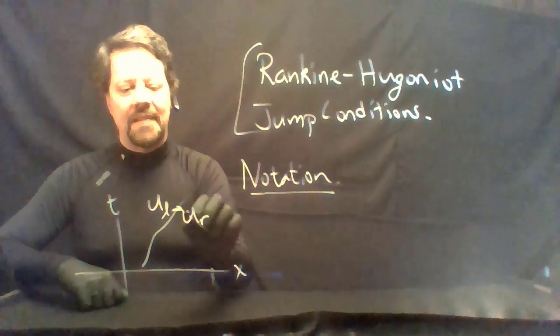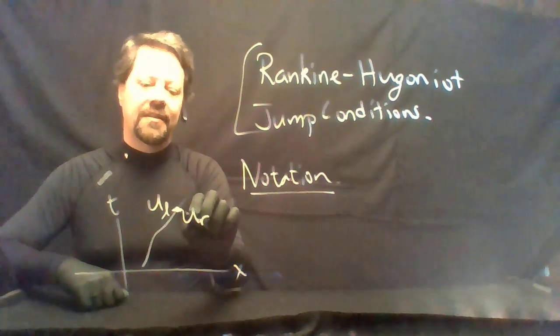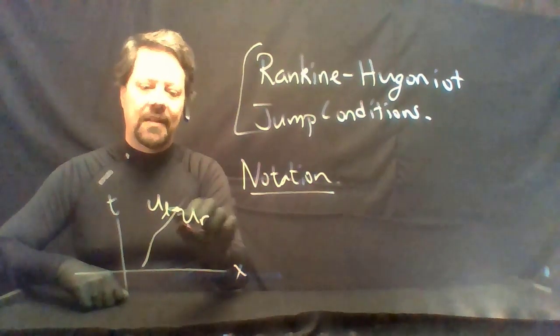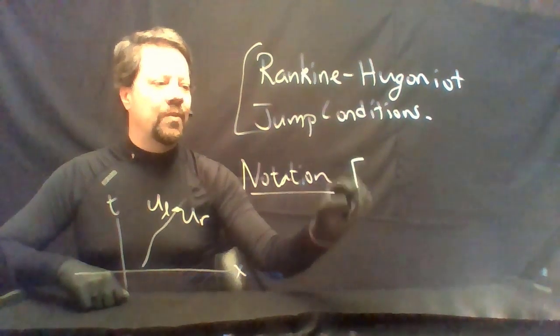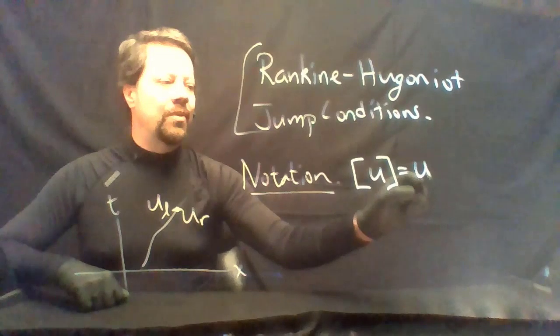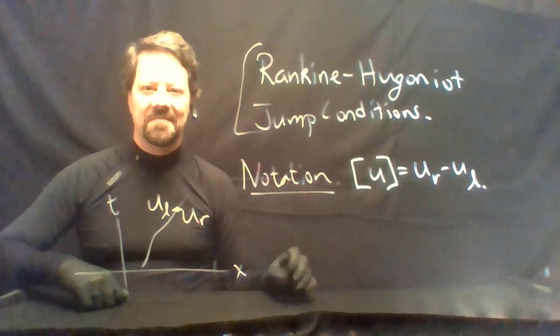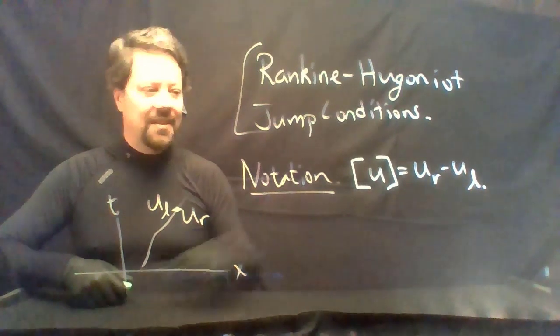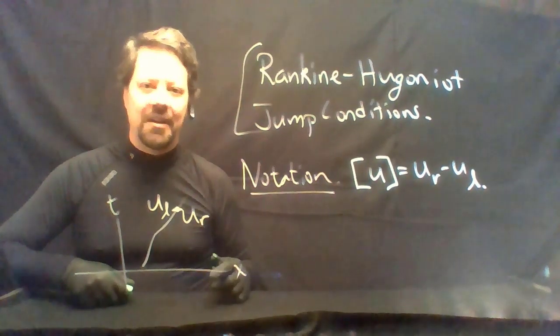At some point in time, as you approach this position from the left, the state is u_l, and on the right, the state is u_r. We're going to denote by square bracket u to be u on the right minus u on the left. In other words, square bracket u is the jump in the state variable across the shock.